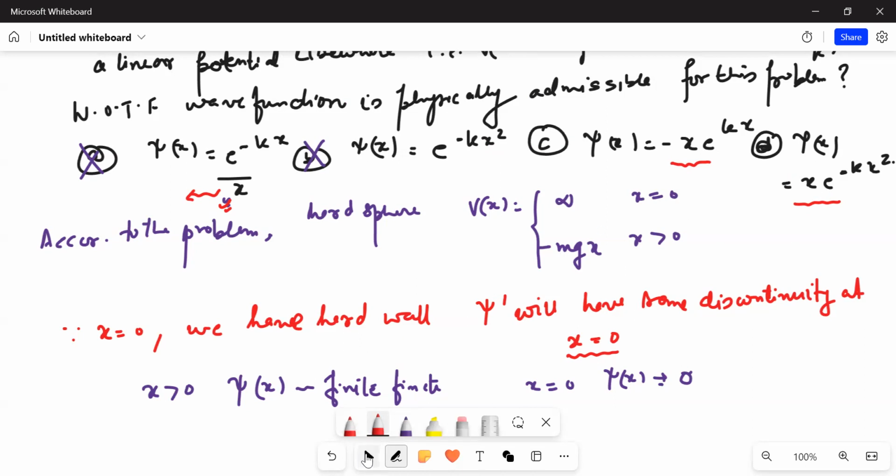Okay. I hope it is clear. So minus x e to power kx and minus x e to power minus kx square. These two are likely options.